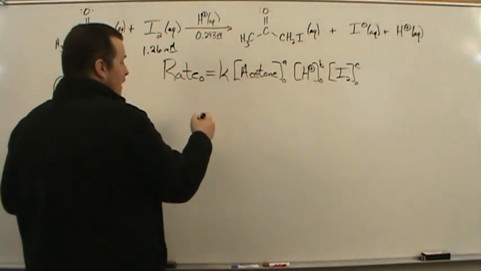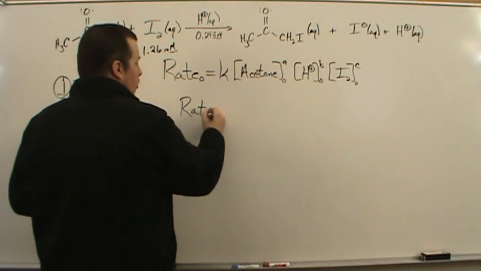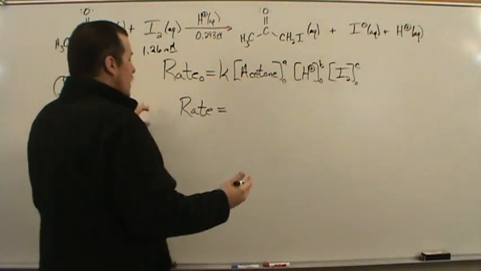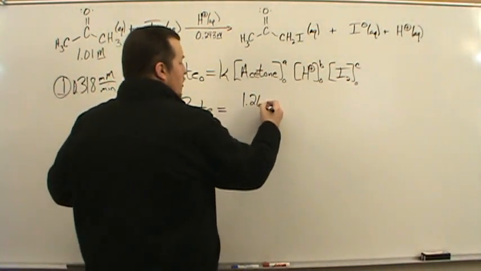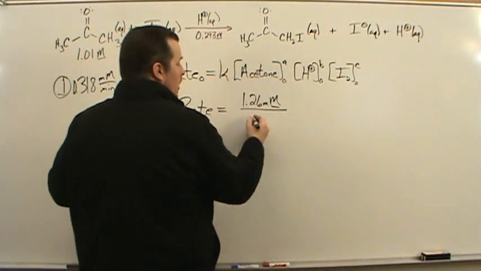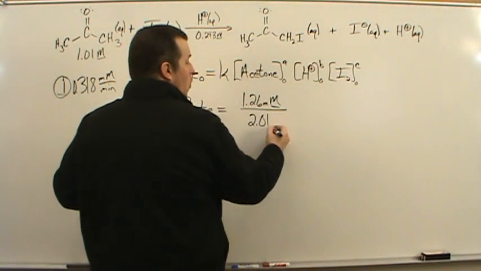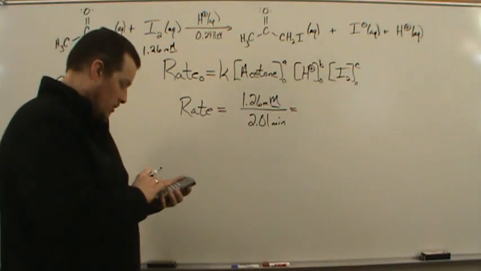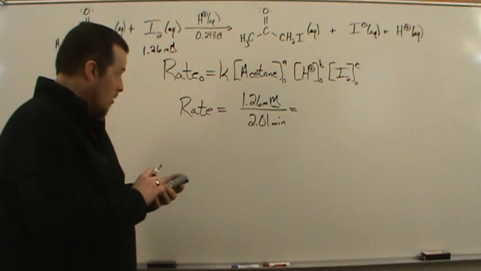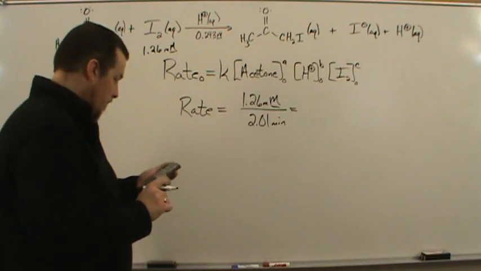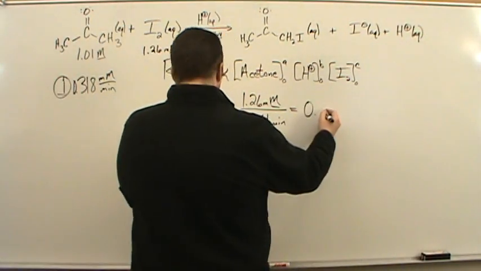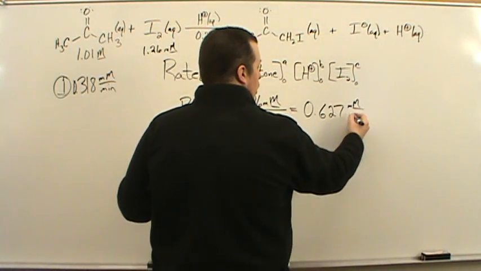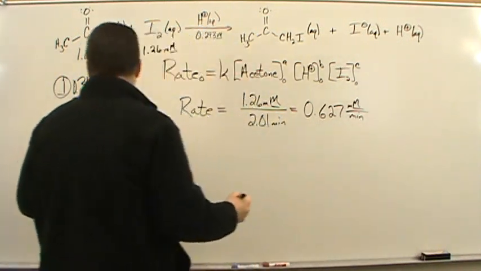So in that case, rate would be equal to, again, if we don't change the concentration of iodine, it's still just going to be 1.26 millimolar over, now say 2.01 minutes. So that rate is 0.627 millimolar per minute.